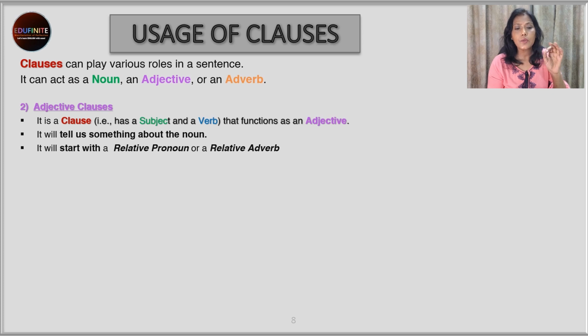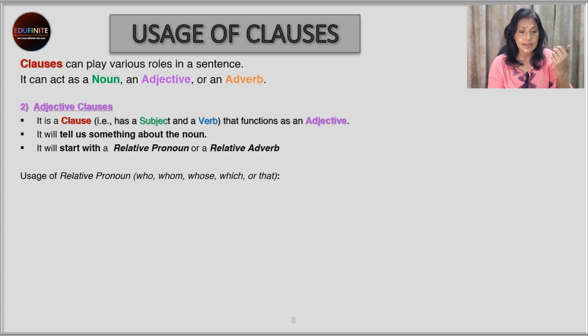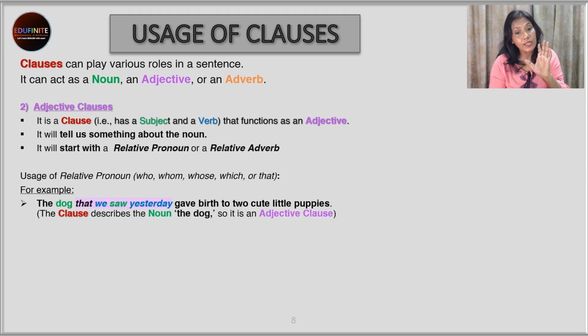Now, usage of relative pronoun: who, whom, whose, which, or that. These are few of the words that are known as relative pronouns, and let's see how we use them in sentences. The dog that we saw yesterday gave birth to 2 cute little puppies.